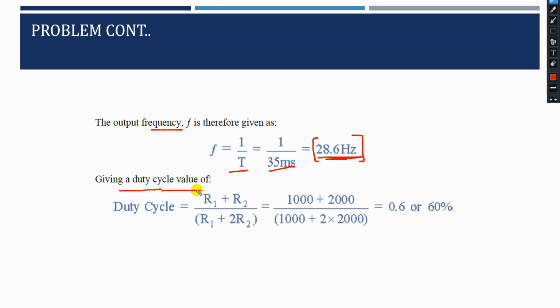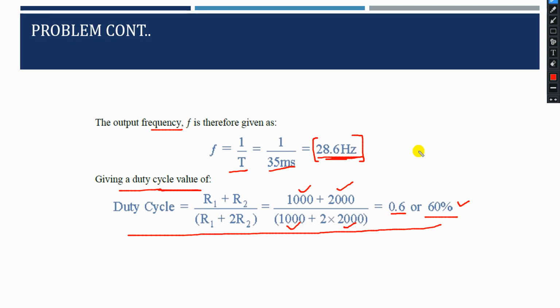So let us find out the duty cycle here. Duty cycle is equal to R1 plus R2 divided by R1 plus 2 times R2. R1 is 1 kilo ohm, R2 is 2 kilo ohm, so 3 kilo ohm divided by 5 kilo ohm. It's 0.6, or in terms of percentage, 60% duty cycle. It is 60% because T on is not equal to T off.